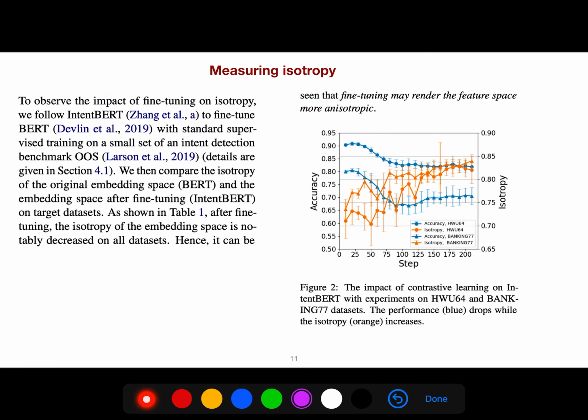To observe the impact of fine-tuning on isotropy, we follow IntentBERT to fine-tune BERT with standard supervised training on a small set of an intent detection benchmark.